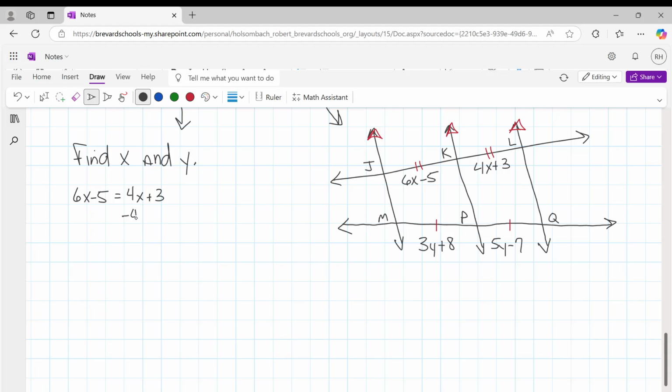Can subtract 4x from each side. So 2x minus 5 is equal to 3. Good. Add 5 to each side. 2x is equal to 8. And then x equals 4.